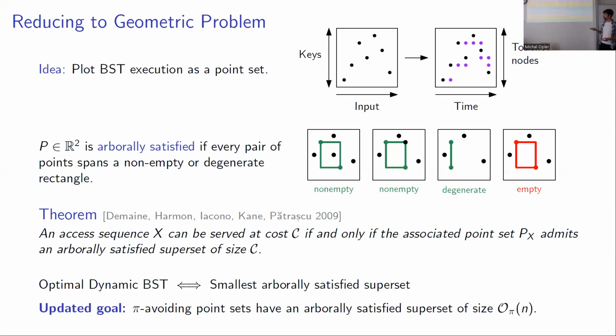So let's rephrase our goal. Now we don't care anymore about the original problem, but we try to show that if we take any pi-avoiding point set, then we can find an arborally satisfied superset of size linear in the original set.